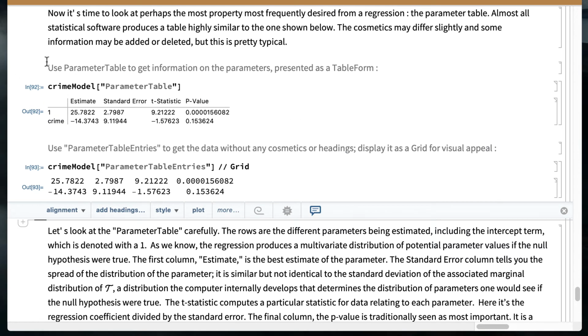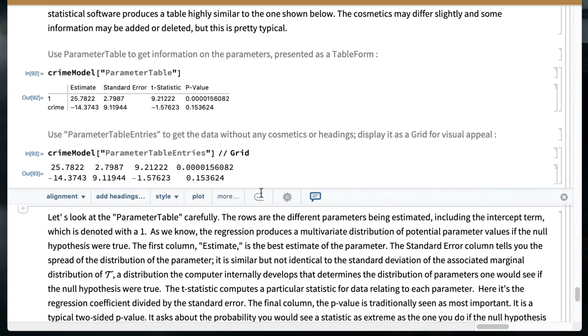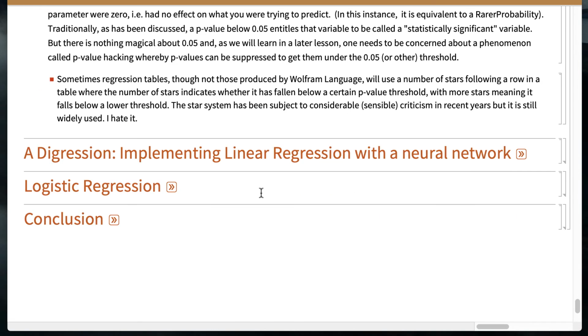This is the Wolfram Language way of presenting the results of a regression. Every program, Stata and R and everything else, has its own little way of doing it, but most of them are very, very similar. And so I think if you understand this parameter table output, you will be able to understand the output from most decent software programs.